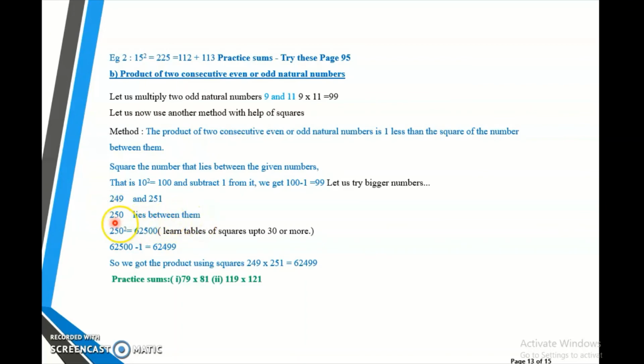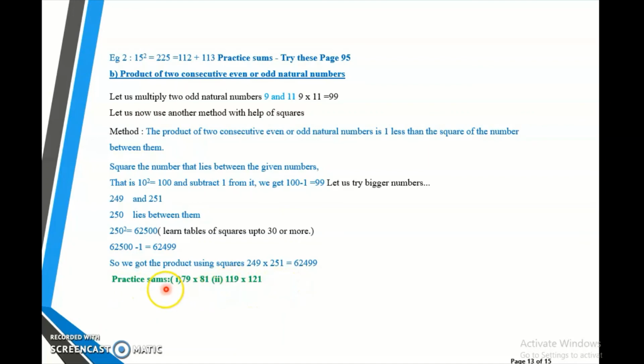Square 250. 25 square is 625 from the squares table, and 0 square is 2 zeros. So if you learn the tables, this becomes very easy. So 250 square is 62500, and you subtract 1, you get 62,499, which is the product of 249 and 251. You can cross check using the regular multiplication.